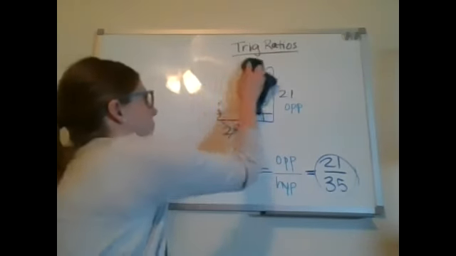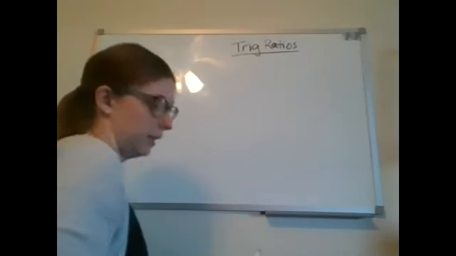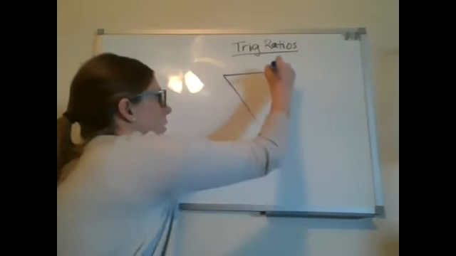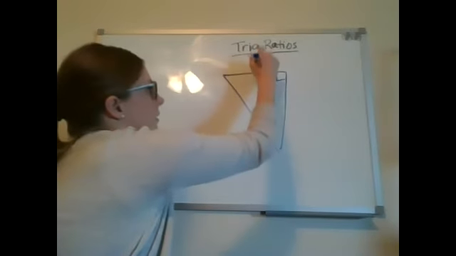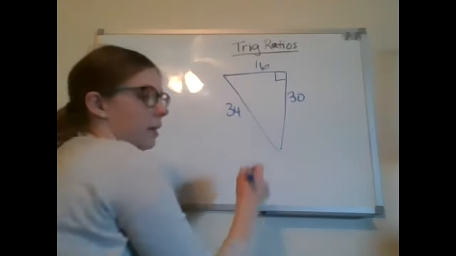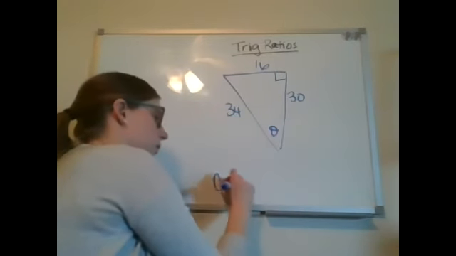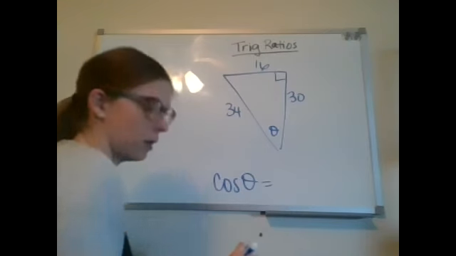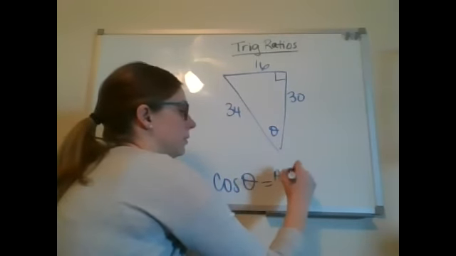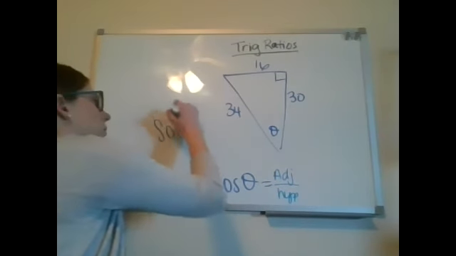Let's try another one. Let's say I give you this triangle, with sides 16, 30, and 34. And theta is right here. And I want you to find cosine of theta. So cosine theta, remember, is adjacent over hypotenuse.